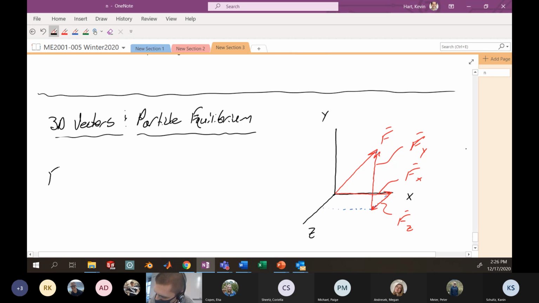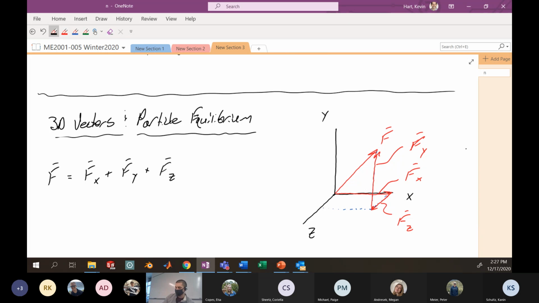So here in 3D, this is kind of the foundation. My force is whatever we have in X plus whatever we have in Y plus whatever we have in Z. This is going back to my original definition of vectors and vector addition, all right? We can interchange these things appropriately.